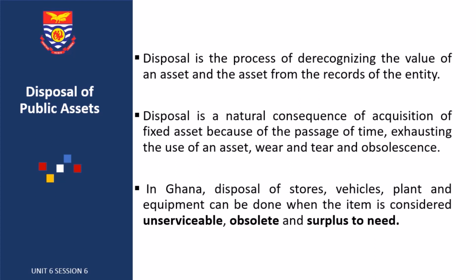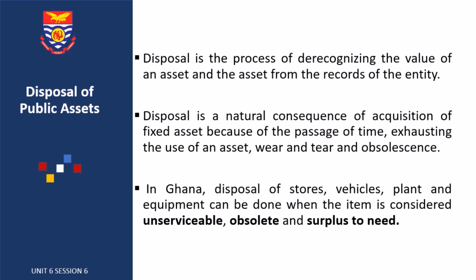Right. So disposal is the process of removing the value of an asset and the asset from the records of the entity. Right. So in stores management, an asset may be removed by an entity when that asset is deemed unserviceable, obsolete, or surplus to need, right?